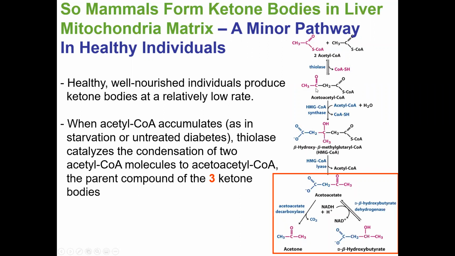And then the second reaction is catalyzed by HMG-CoA synthase, which will take acetoacetyl coenzyme A and another molecule of acetyl coenzyme A and convert that to beta hydroxy beta methyl glutaryl coenzyme A, which is also known as HMG coenzyme A. You don't have to memorize the long name, but you can see it's a beta hydroxy beta methyl derivative of glutaryl coenzyme A. Once you have HMG coenzyme A, then HMG-CoA lyase will cleave that molecule to generate acetoacetate and acetyl coenzyme A. Acetyl coenzyme A is 2 carbon, and acetoacetate is 1, 2, 3, 4 carbon.